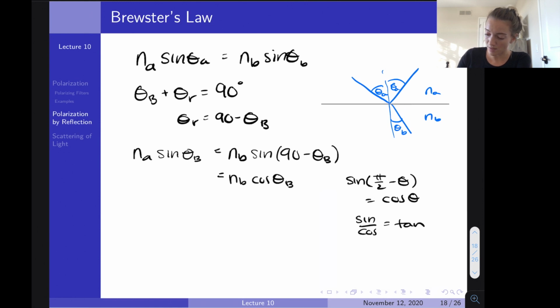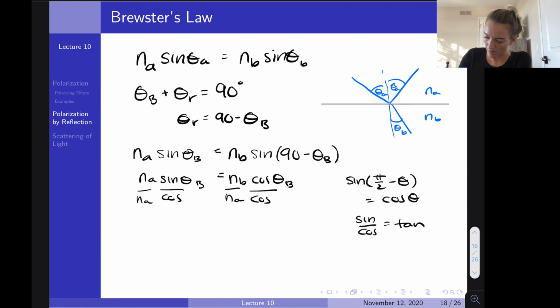So I can divide now. So I have nA sine theta B. If I divide both sides by cosine, I can see that I'll get a tangent on one side. So I'm going to divide both sides by cosine. And then I'm also going to divide both sides by nA to get that nA over to the other side.